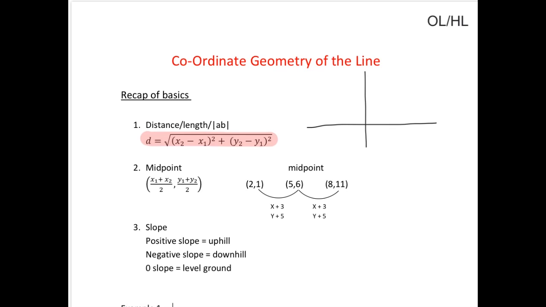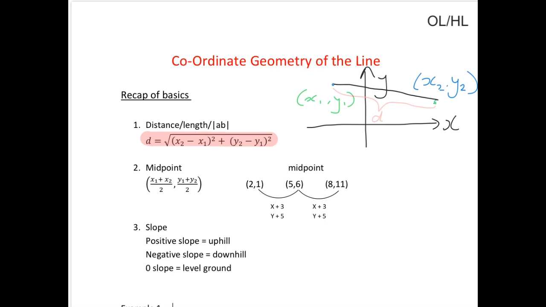So if we have two axes, our x and our y, and we have two points, say a point here and a point here, one point will have coordinates x1, y1, and one point will have coordinates x2, y2, and our distance d is just the straight line distance between those two points. So this line here, this length, is our distance d that we're looking for.